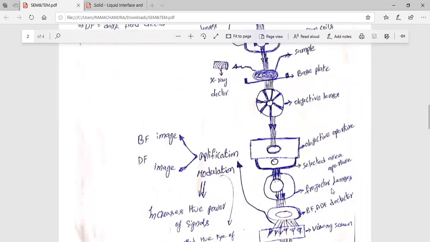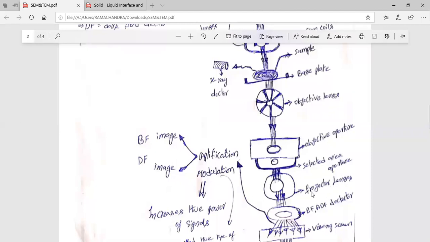Projector means something which projects or exposes, like a screen display. That is the projector lens. When the beam passes through the projector lens, the image is displayed. It does not help in detecting the image; it only helps to display and view the image on the projector screen.